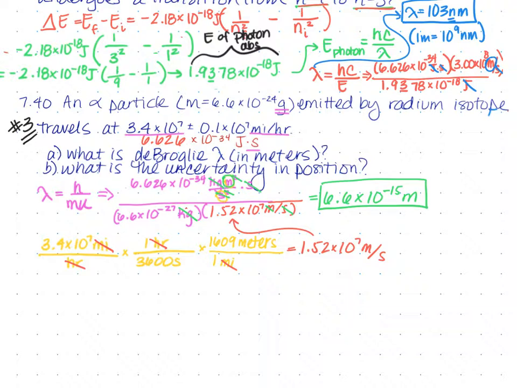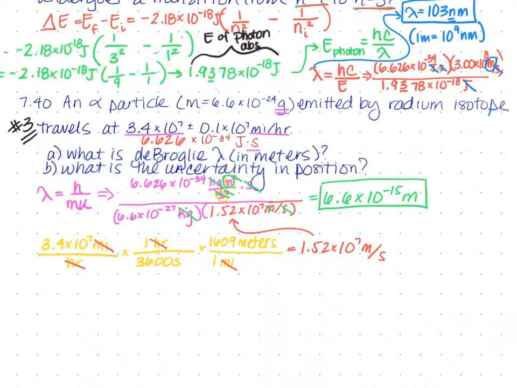Okay, let's look at part B. I like changing my colors. Part B says, what is the uncertainty in position? That brings into discussion the Heisenberg uncertainty principle.